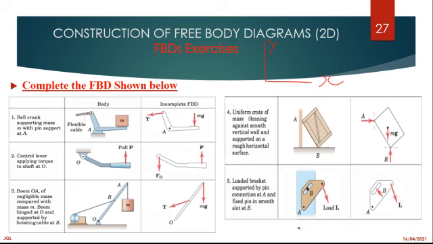But by inspection, there are only two forces there. There is the weight of that mass that you can see, and the direction is going downwards. So at A, since it's a pin, I need two reactions, one in the X and one in the Y. In this case, there is only one force, which is the mg.